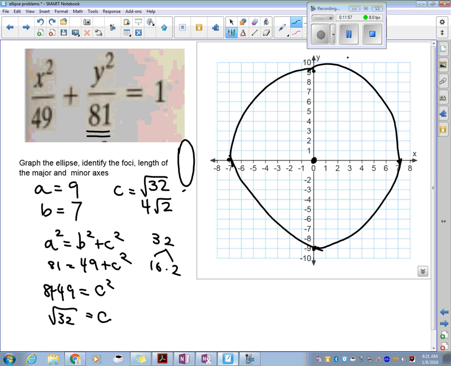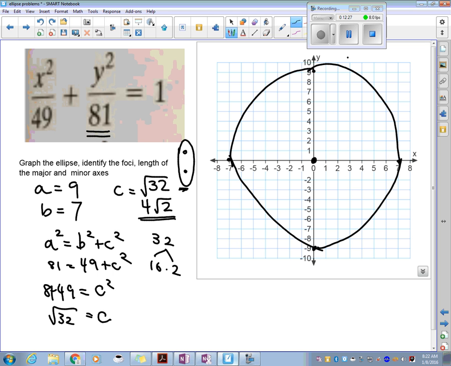But now we need to do the foci. Right? Which axis are the foci on? The up and down one. It's on the major axis. Okay? So since this one is oriented this way, the foci are going to be here and here. So it's going to be 4 square roots of 2 up from the center and 4 square roots of 2 down from the center.